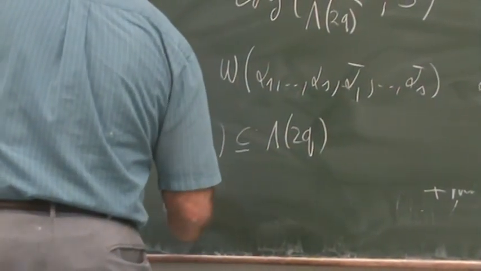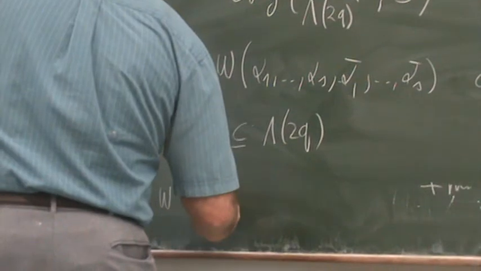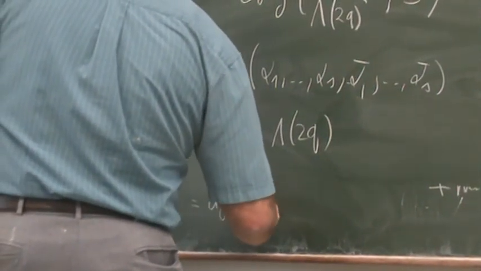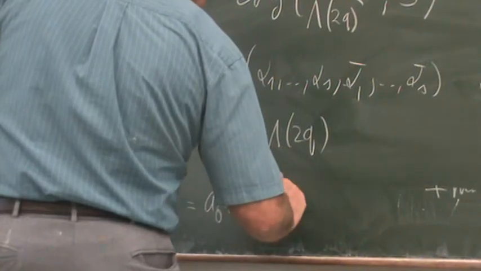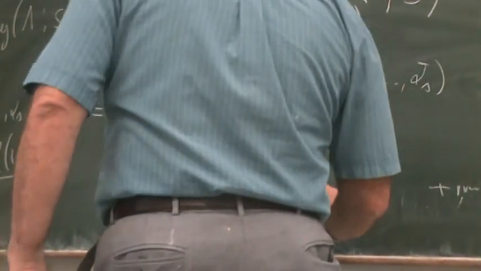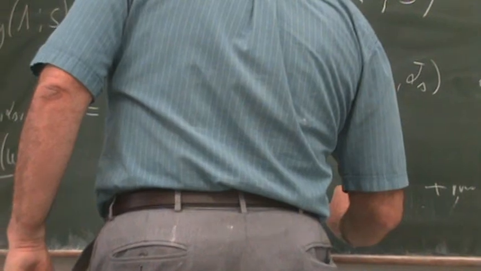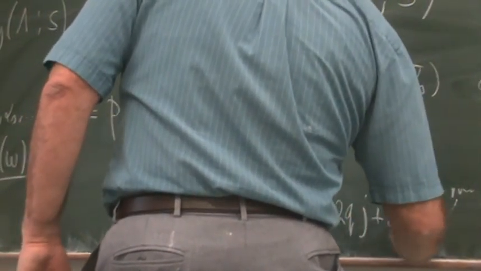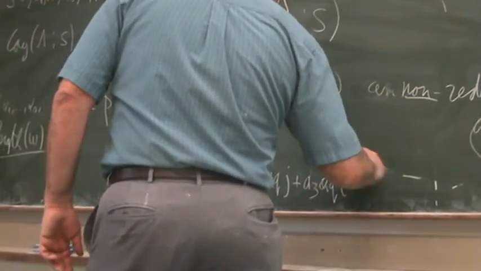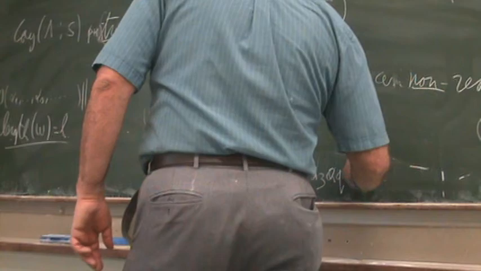So this w is equal to a0 plus a1 times 2q times i, I'm writing it like that, plus a2 times 2q times j plus a3 times 2q times k.